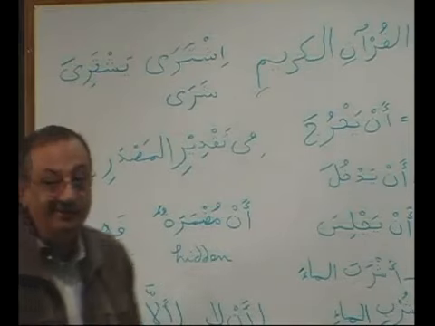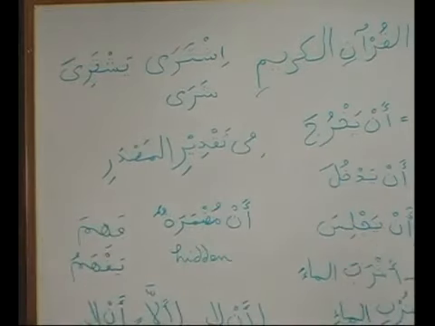Okay. Now, brothers and sisters, I tell you something. I think I've said it many times. People run away from verbs, Arabic verbs. Oh, they are very complicated, difficult. No, brothers and sisters, they are beautiful. They are fascinating. We have to understand.